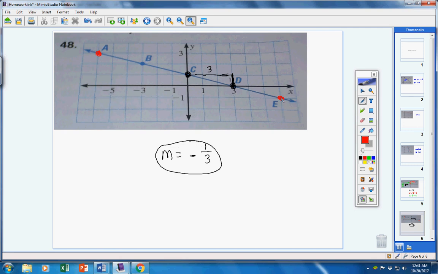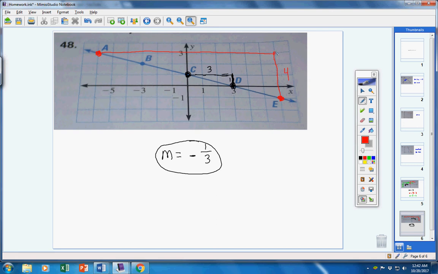Now let's use the red points. So I'm going to rise all the way up to here, and then I'm going to run. Alright? Now my rise, start here, count as you move. My rise will be 1, 2, 3, 4.